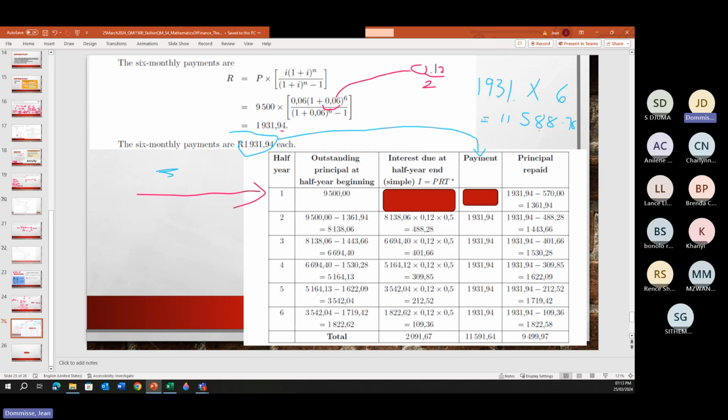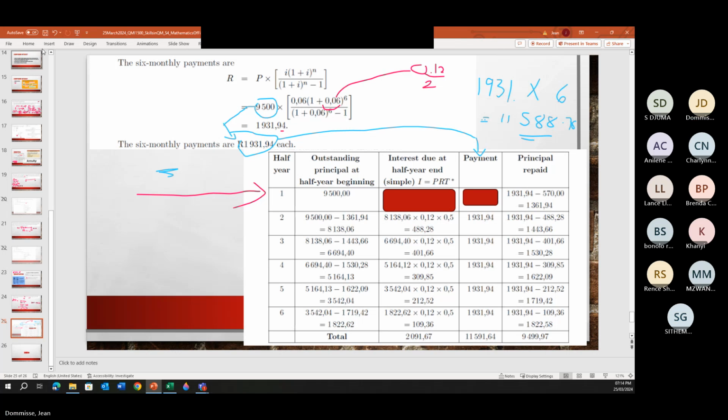So automatically you can nearly see he started off with 9,500. He paid that monthly or half yearly. In the end, he paid 11,588.